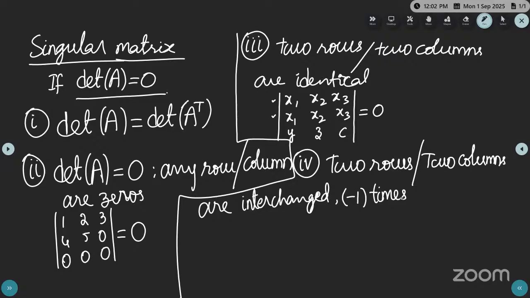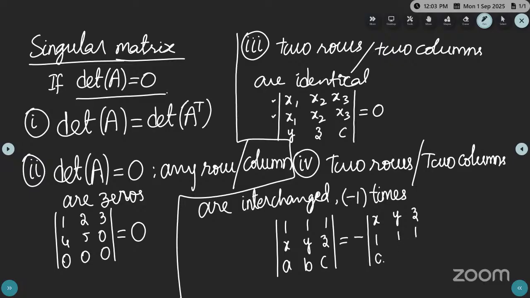Listen here. I am writing 1, 1, 1, x, y, z, a, b, c. Here I am going to interchange any two rows. I am interchanging the first two rows. Minus x, y, z, 1, 1, 1, a, b, c.